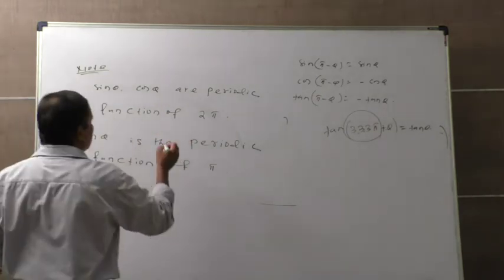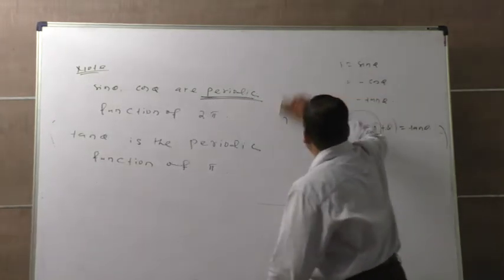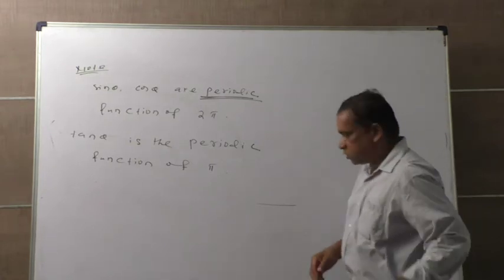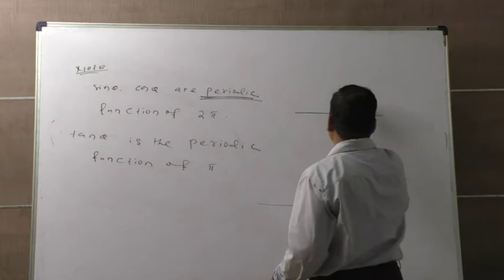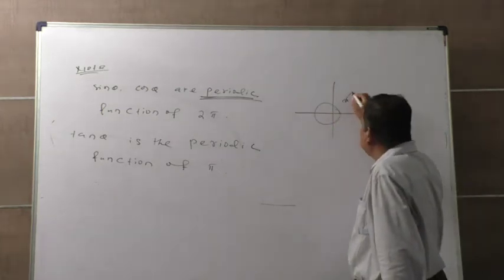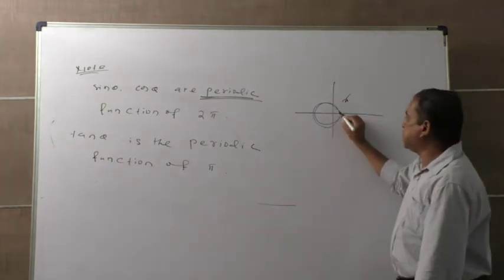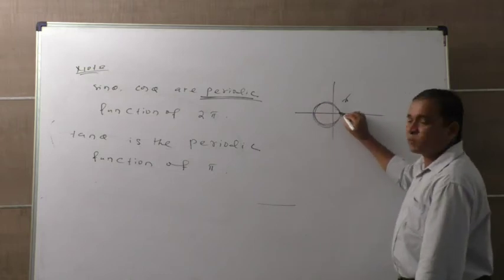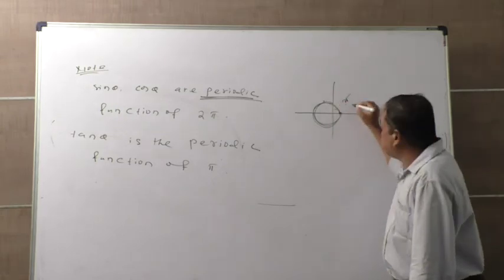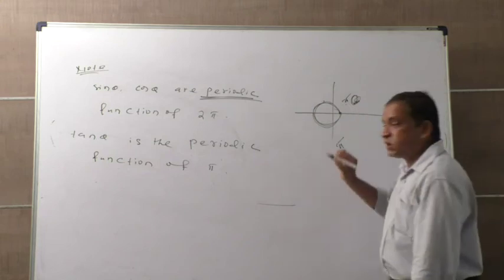Now the question arises, what is a periodic function? Let us clarify. Come to the figure. The total angle is 2 pi. Suppose we start in quadrant 1. Then we revolve, rotate, and come again to the first quadrant. That means after 2 pi, the first quadrant is repeated.